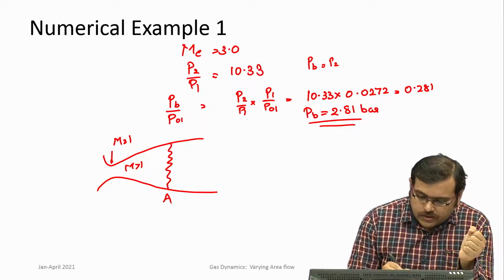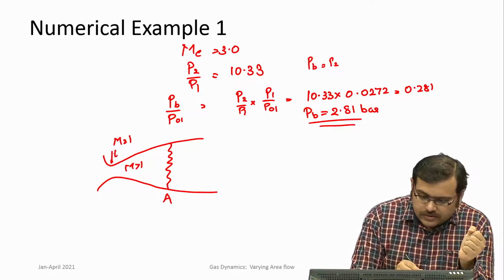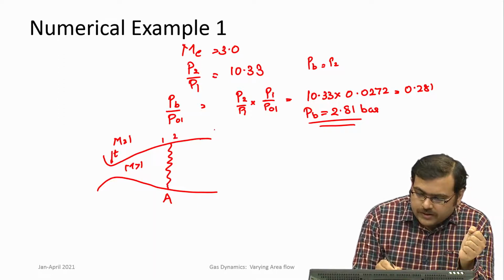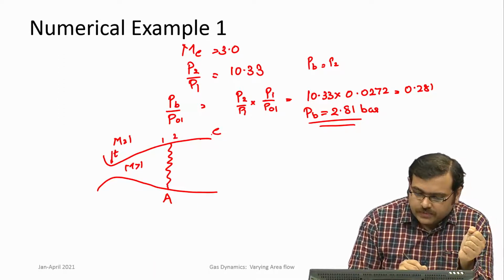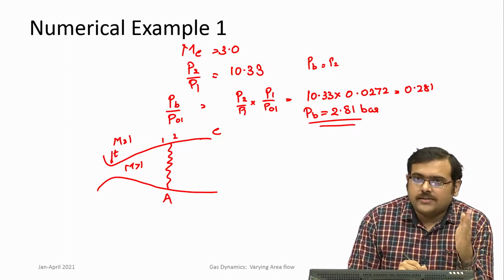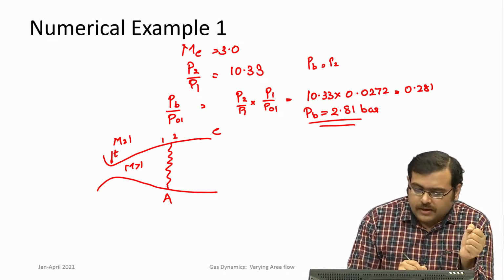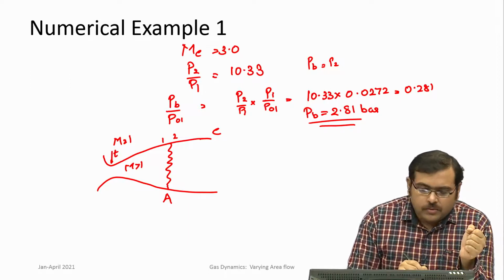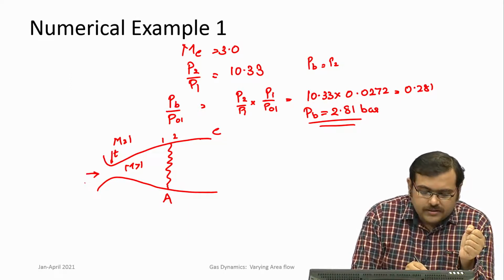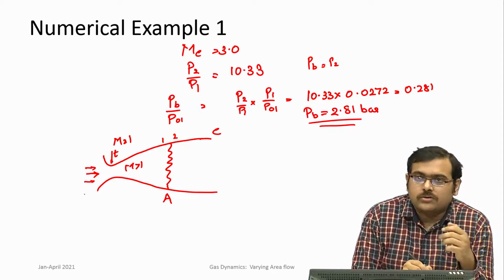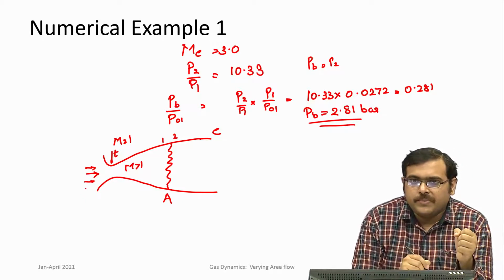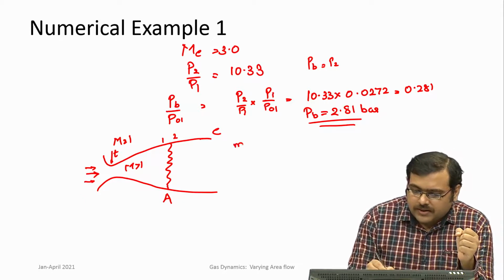Okay, so you can take this as the throat, this point is 1, 2, and this is the exit. Shock is a discontinuity, so it is at that particular area ratio. The mass flow rate that is supplied is choked. So mass flow rate does not change here. So m dot is constant.